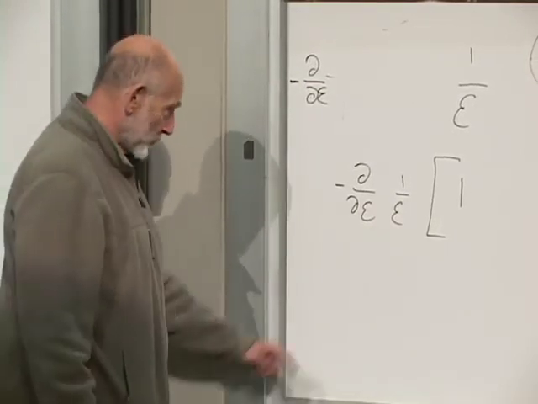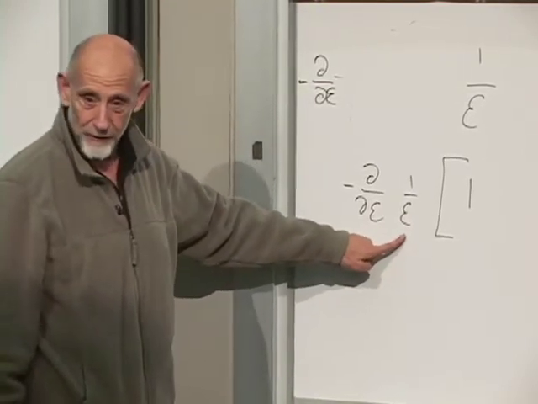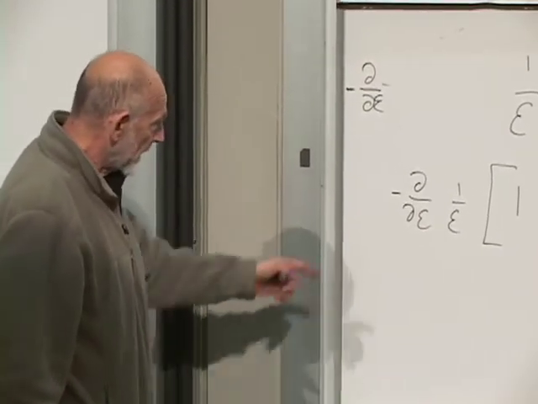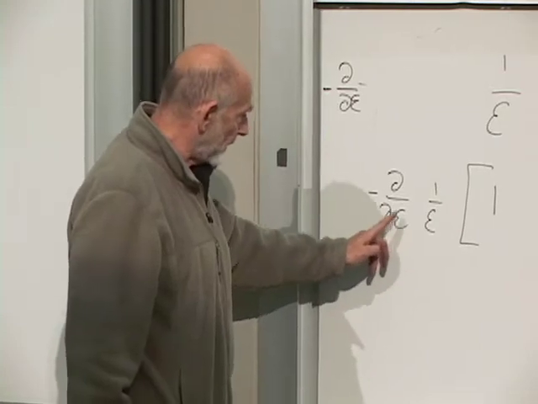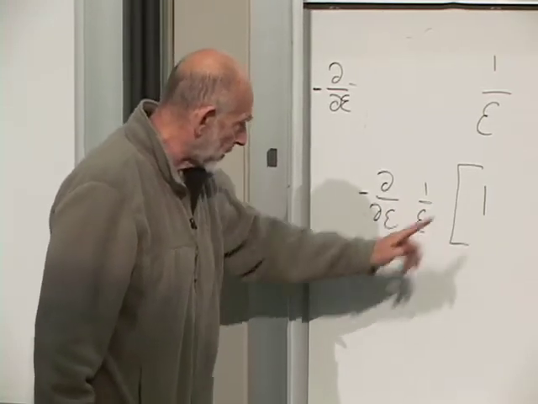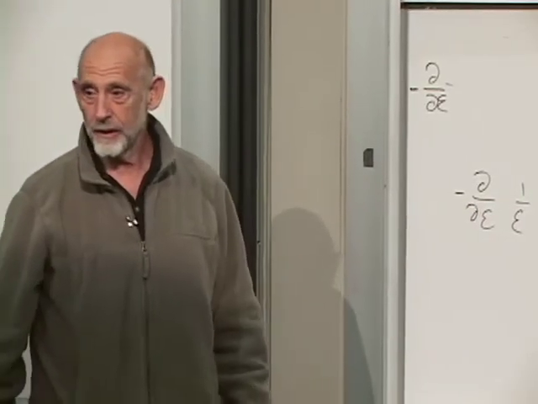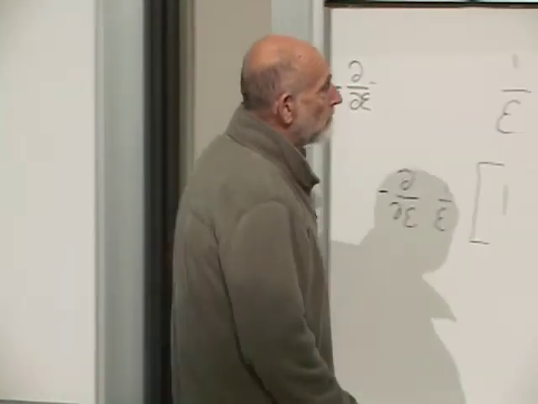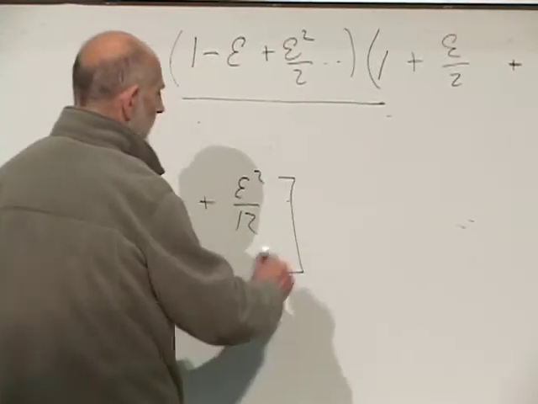Okay. Now we have a term which is 1 over epsilon. That's bad news. This is something infinite at epsilon equals 0. And remember, we're going to go to epsilon equals 0. All right, what's the derivative of 1 over epsilon? Minus 1 over epsilon squared, right?